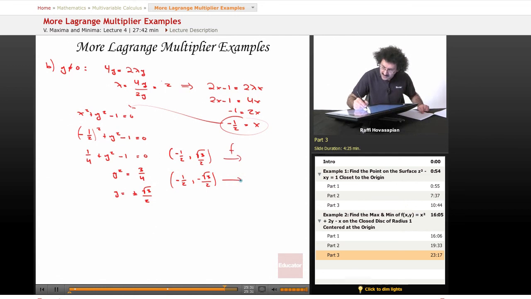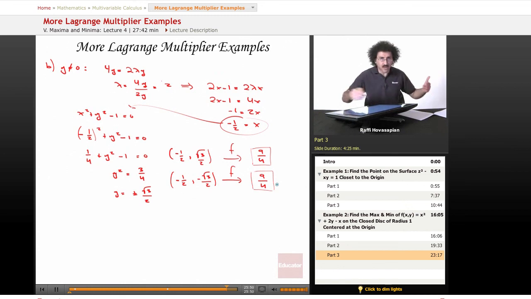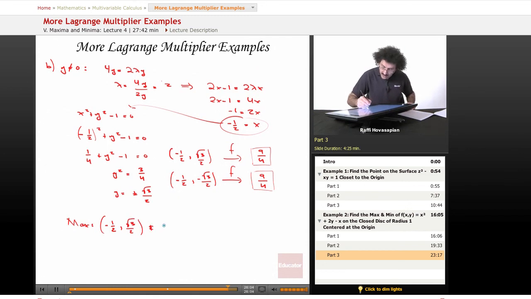When I evaluate these at f, I'm going to end up with 9/4 and 9/4. So I've got 9/4, 9/4, and negative 1/4. I check all those points to see which one is the maximum and which one is the minimum. So the max takes place at the points (-1/2, root 3 over 2) and (-1/2, minus root 3 over 2).